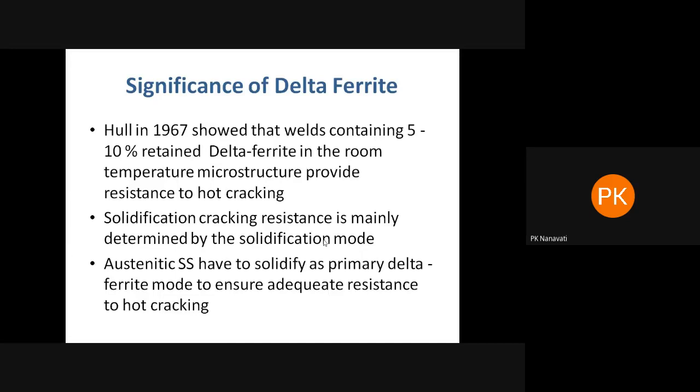The modes of solidification: A mode means fully austenitic mode; AF mode, primary austenite, secondary ferrite; FA mode, first ferrite, second austenite; and F mode, fully ferritic mode. So when your stainless steel is solidifying in a primary delta ferrite mode, you have resistance to hot cracking.